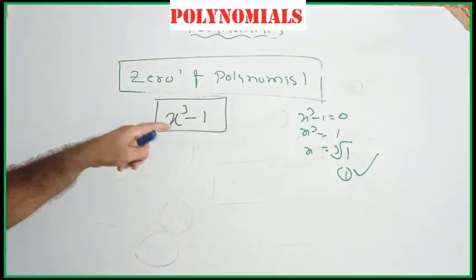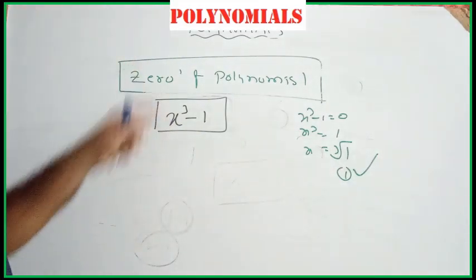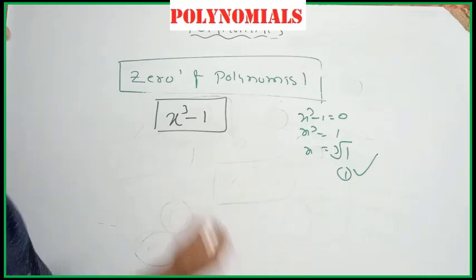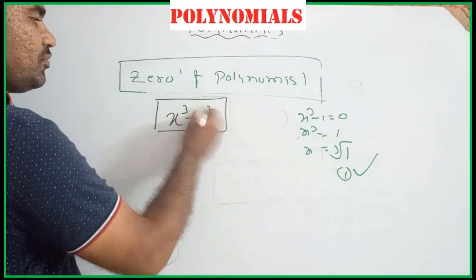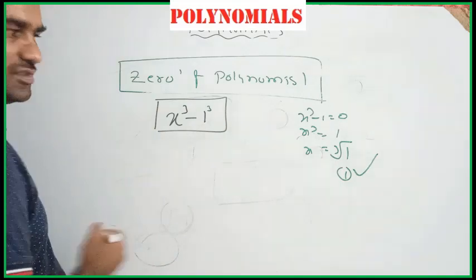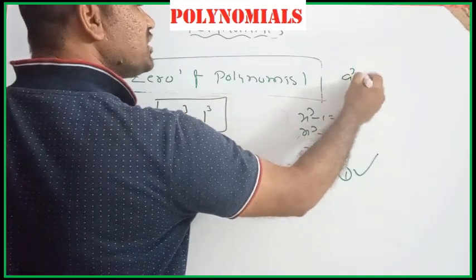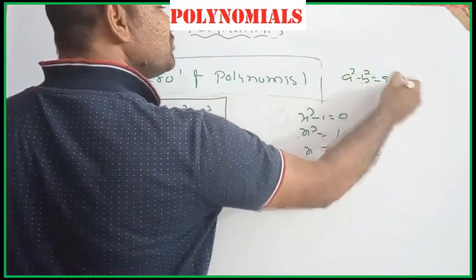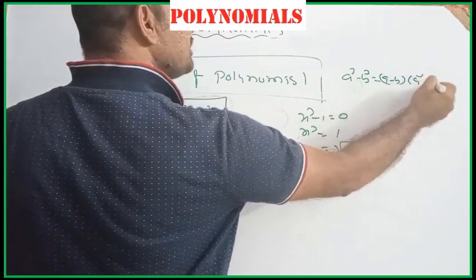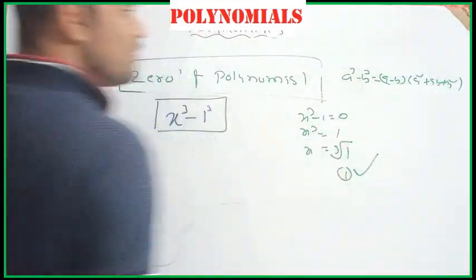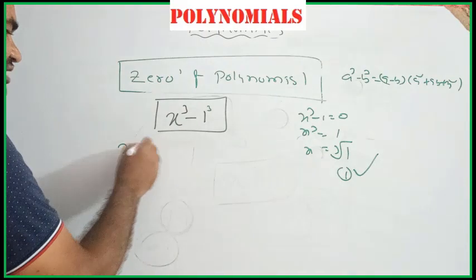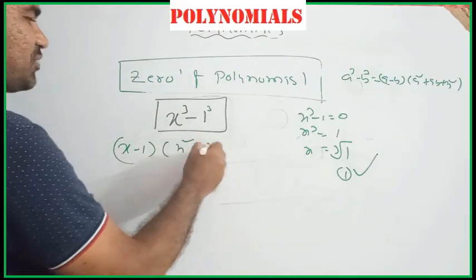We need to get 3 zeros because this is third degree. Observe here. x cube minus 1 cube I can write. Already you know the formula for a cube minus b cube, that is a minus b into a square plus ab plus b square. Like that, this can be written as x minus 1 into x square plus x plus 1.